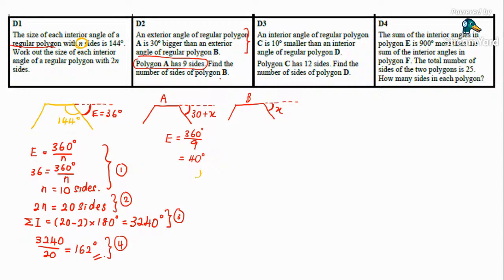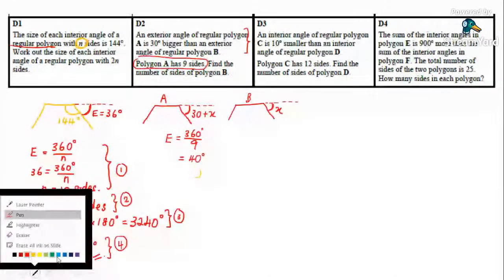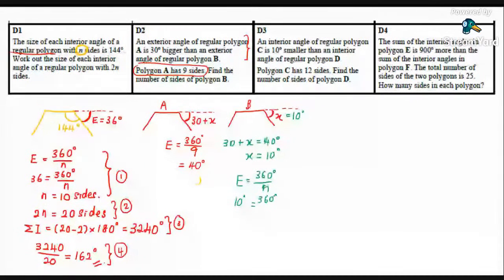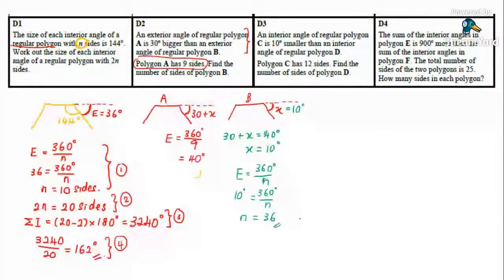Find the number of sides of polygon B. We already found that 30 plus X equals 40, so X equals 10. When we have the exterior angle, again use the formula E equals 360 over n. We substitute 10, so 10 equals 360 over n. Therefore, n equals 36 sides.